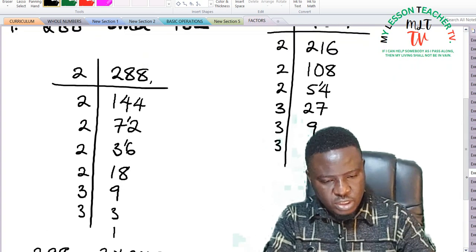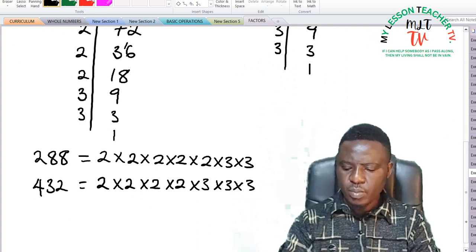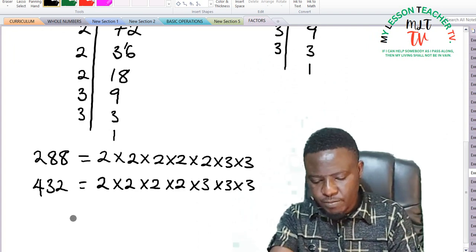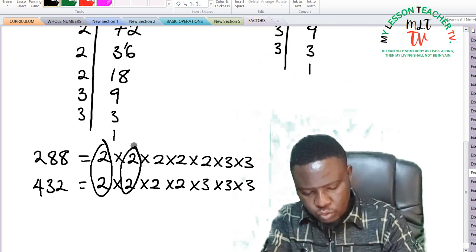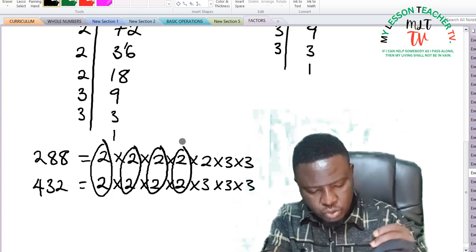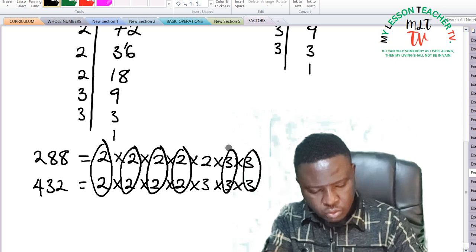We have 4 sets of 2's here and 3 sets of 3's. So we shall then look for the common factors. I shall group them. 2 is common, another 2 is common, another 2 is common, another 2 is common, these are not common, so 3 are said to be common.